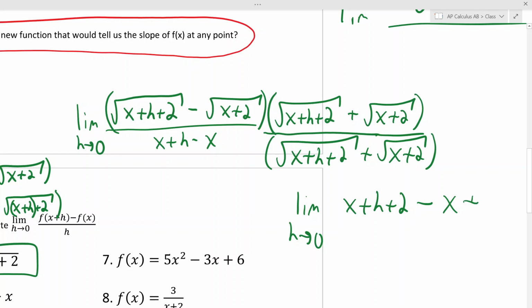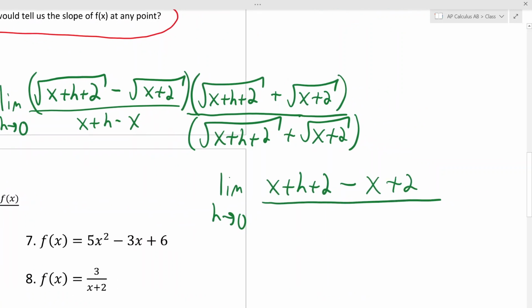That becomes x plus 2. What am I forgetting? Parentheses. It's minus the quantity x plus 2, over h, that's what was left there originally, times this whole big nasty mess.